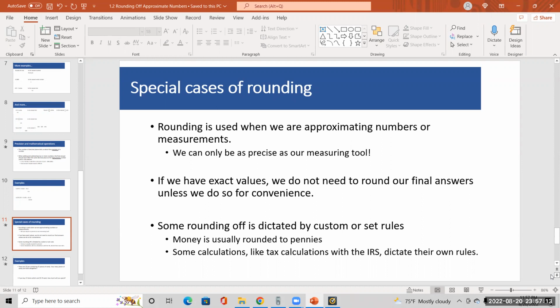If you have ever filed your taxes on your own, you'll know that even though your forms tell you down to the cents, they only want it rounded to the nearest dollar. So there's some places there. So with approximate numbers, just like before, make sure that you're using the fewest decimal places.